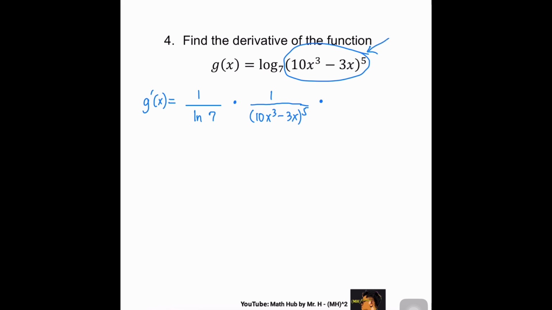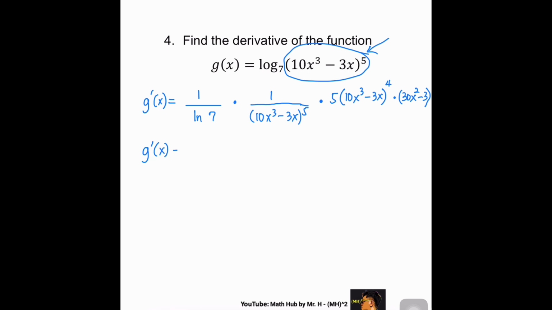So that whole thing is going to be 5 times the base 10x cubed minus 3x to the power of 5 minus 1 is 4. And then remember the derivative of this, so chain rule, guys. So the derivative of the base, which is 30x squared minus 3.